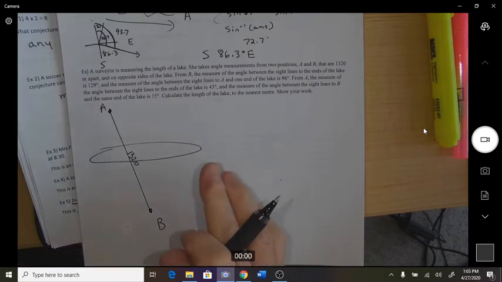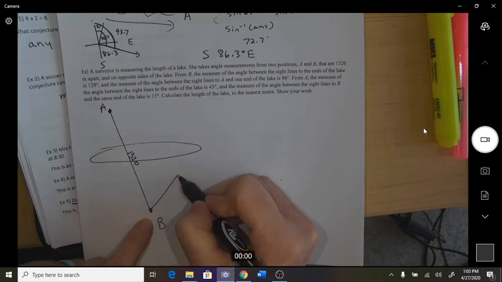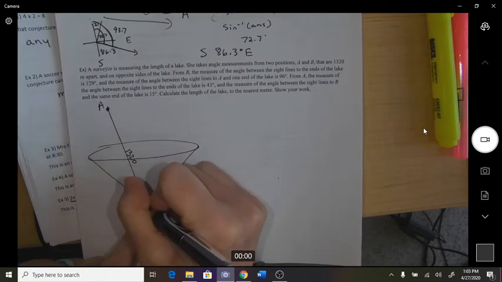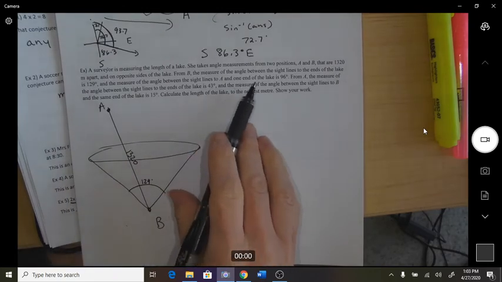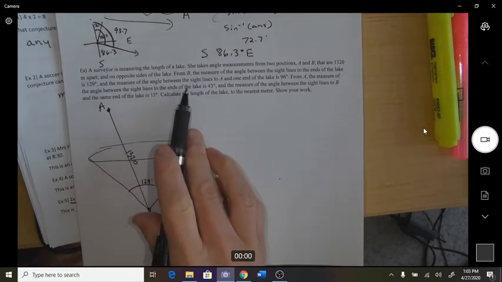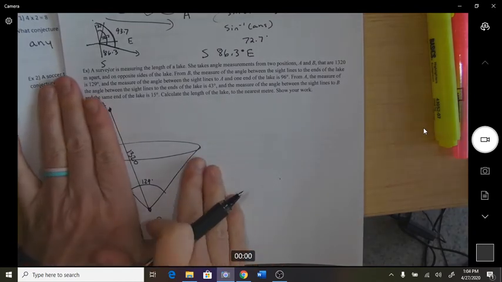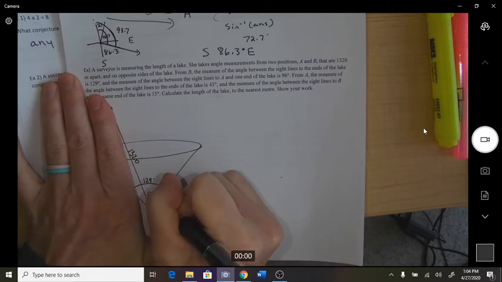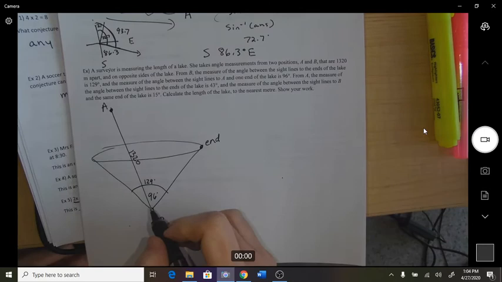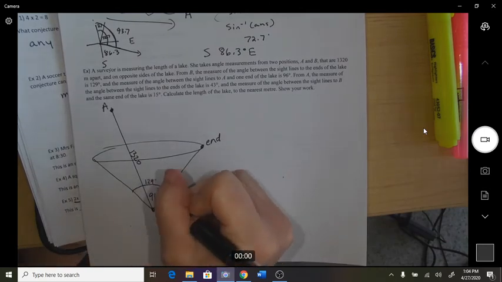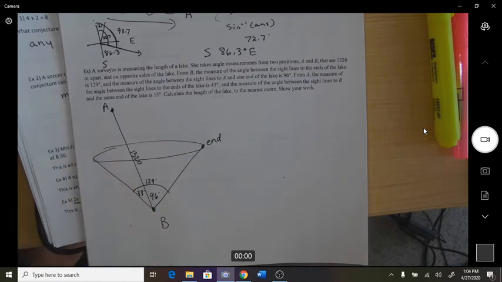From B, the angle between the ends of the lake is 129 degrees. And the measure between the sight lines to A and one end of the lake is 96. So if I go A to one end, that's 96. Which I could now say that this is 33 degrees on that side to the other end.